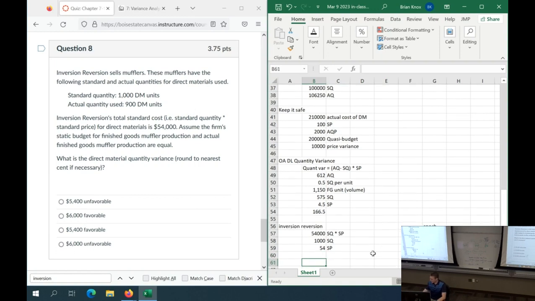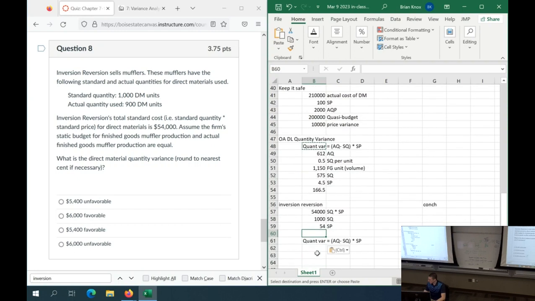Okay, and we can solve it either by using our handy-dandy quantity variance formula here, or the rectangle method, where we subtract the rectangles against each other.